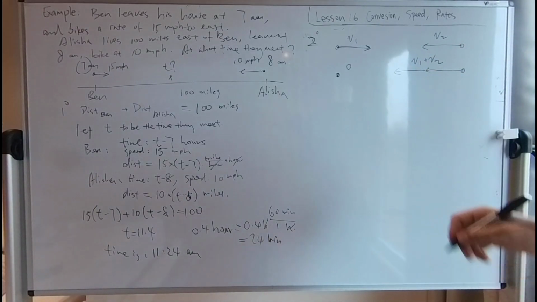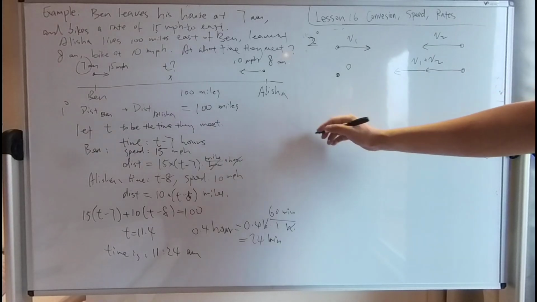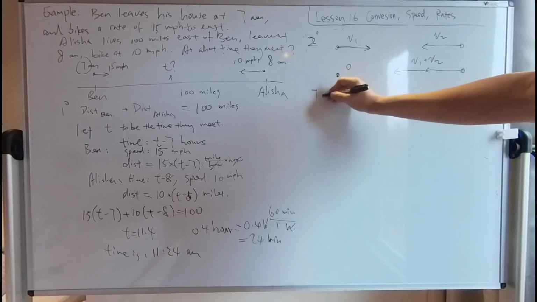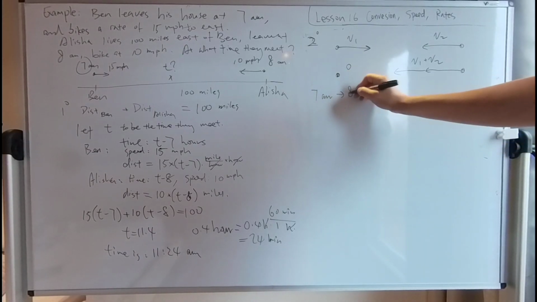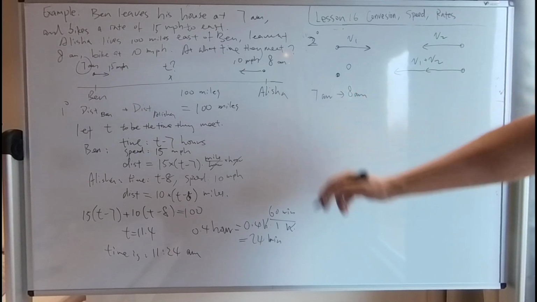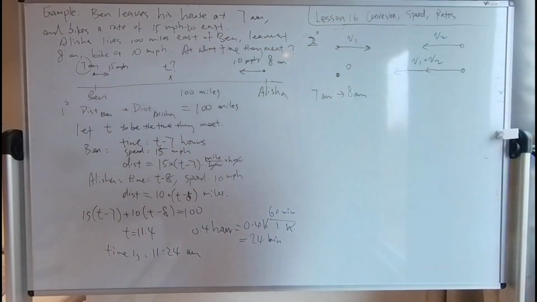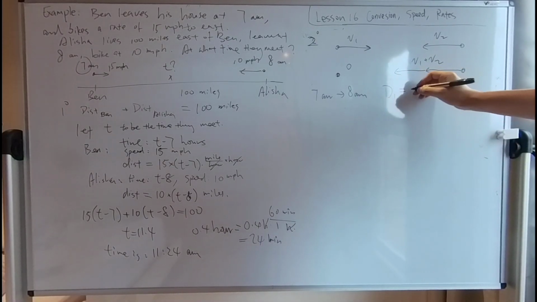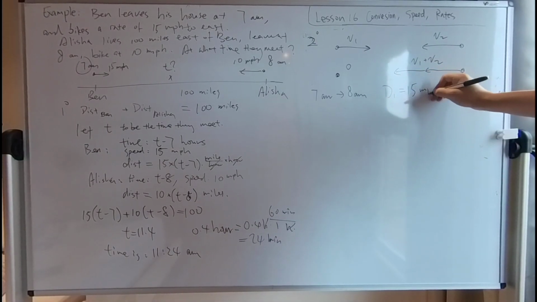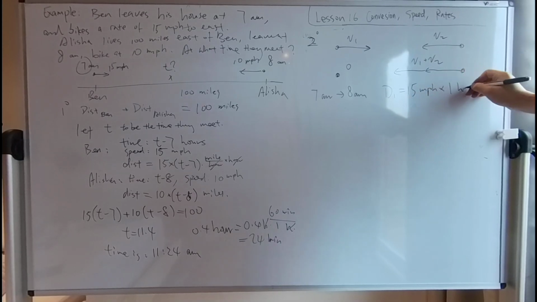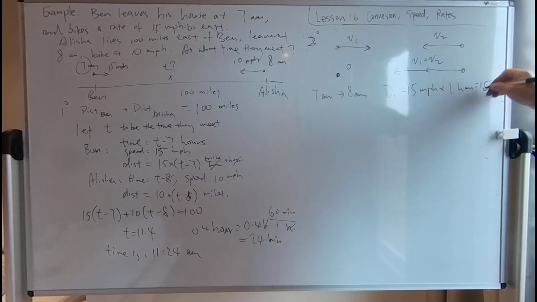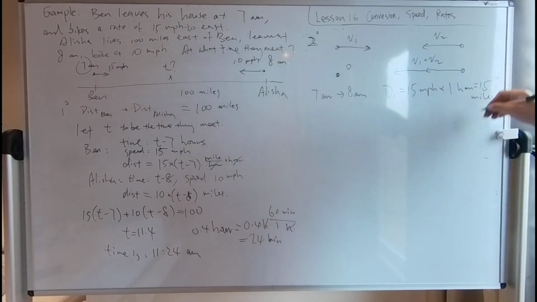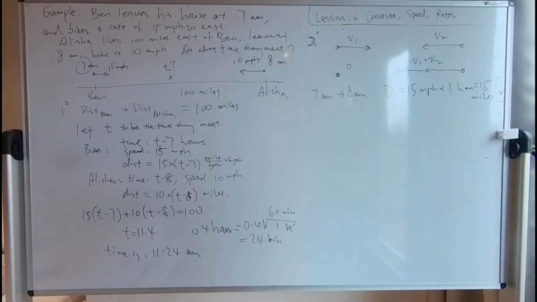So then we can first move the time from 7 a.m. to 8 a.m. to eliminate the difference between the starting times. So Ben travels 1 hour earlier. So this 1 hour means 15 miles per hour times 1 hour is 15 miles. So Ben travels 15 miles before Alicia starts.